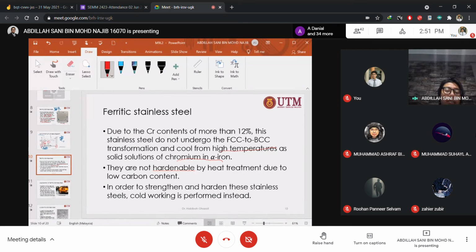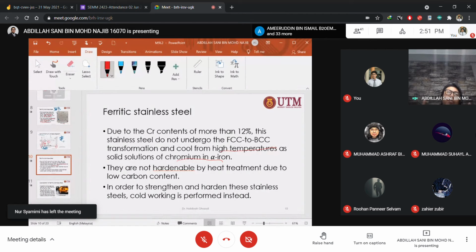In order to strengthen the stainless steel, cold working is performed instead. If you still remember the mechanisms of strengthening a material, we have solid solution, precipitation hardening, and strain hardening, which we get from cold working.